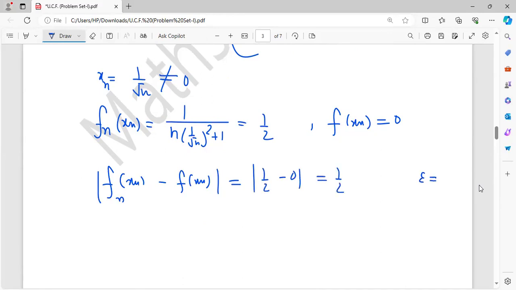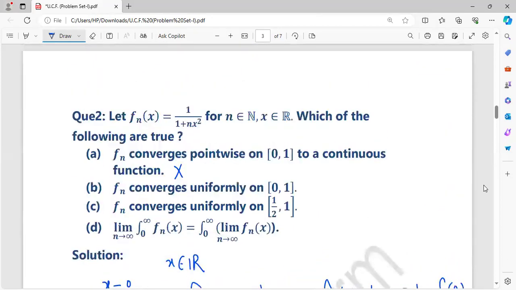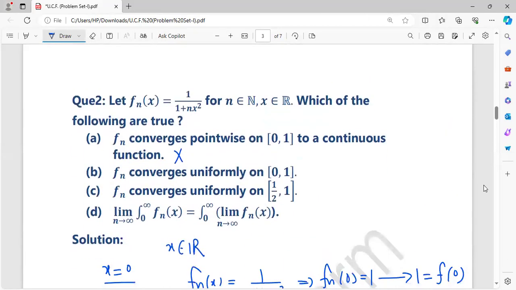If we take epsilon equal to 1 by 3, we cannot make this value smaller than 1 by 3. It means f_n does not converge to f uniformly. So this option is not correct.